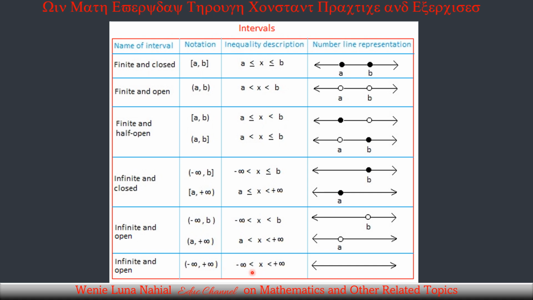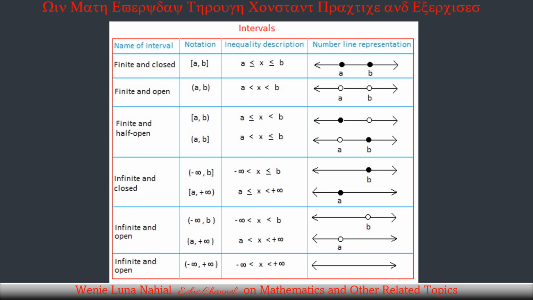So x is greater than negative infinity but less than positive infinity. And on the number line representation, it's simply the real number line. So these are the 9 sets of numbers, the list of 9 sets of numbers.